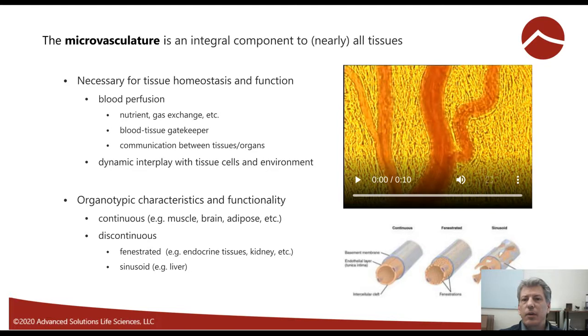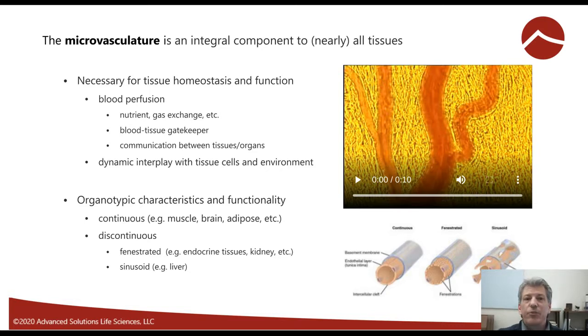One other aspect that's important when it comes to tissue modeling, and it'll show up again in some of the models that I'll discuss here, is that the vasculature will take on tissue-specific phenotypes, so-called organotypic function, such that perhaps there's a continuous capillary bed in muscle and in brain, for example, where there's good segregation between blood and tissue space.